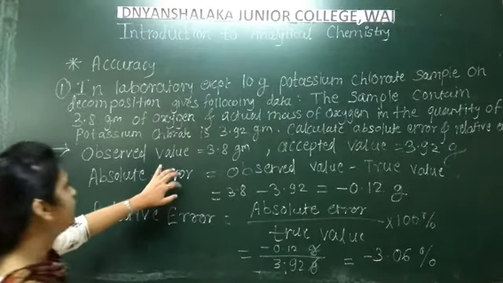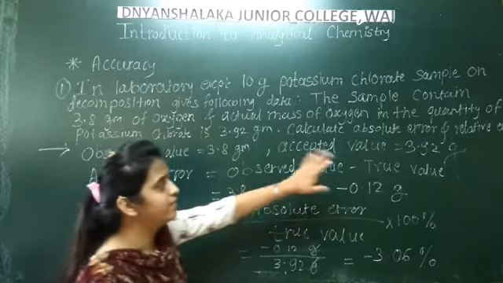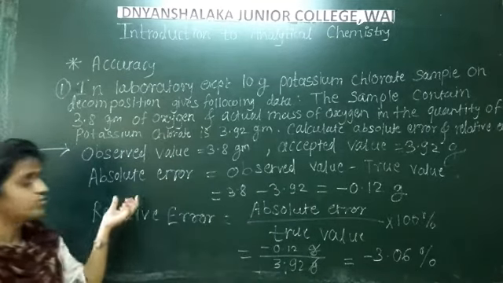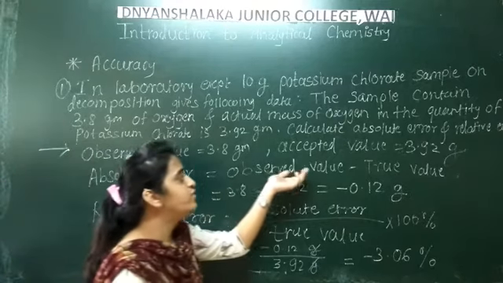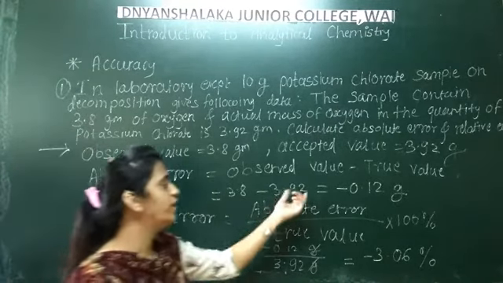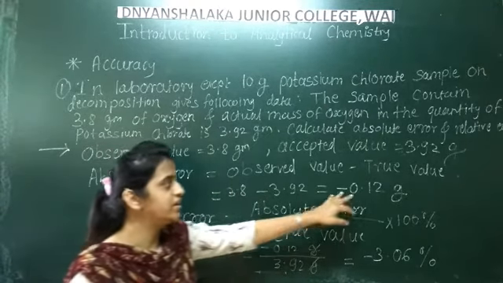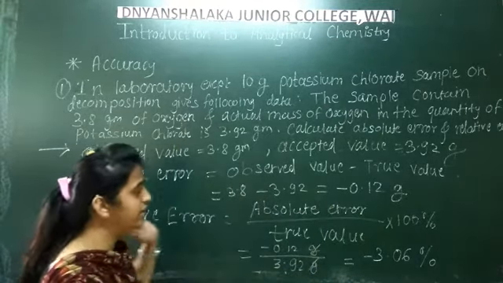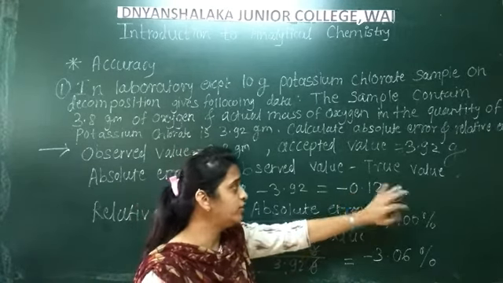In the example, the given values are observed value 3.8 gram and accepted value 3.92 gram. So first we find out absolute error. Absolute error is equal to observed value minus true value. Observed value is 3.8 minus true value 3.92 gram. On subtraction we get absolute error minus 0.12 gram.